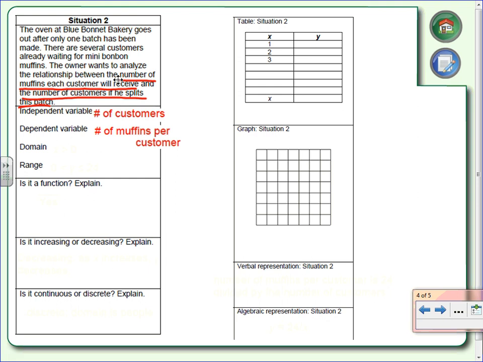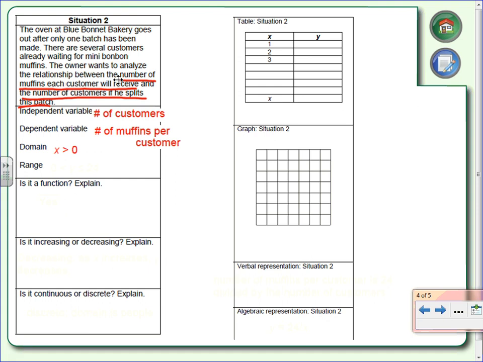So let's talk about our domain. Domain are the x's. In our case, the number of customers. X is not 0, but greater than 0. Now, what do I mean when I say the x's are greater than 0?